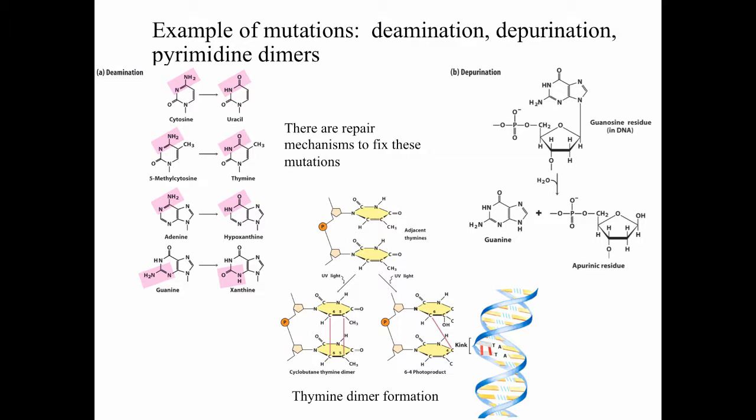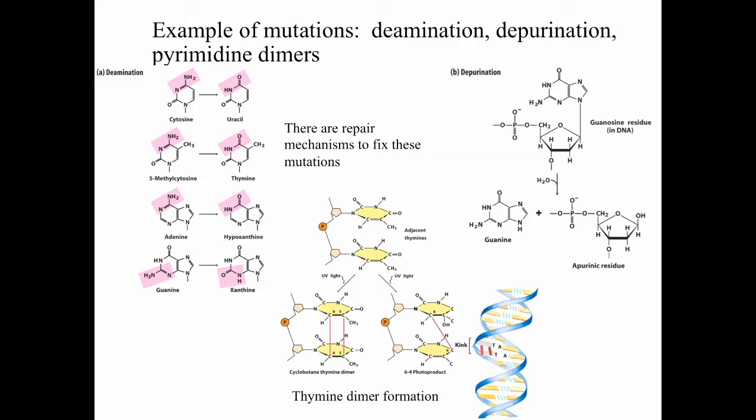That can happen with 5-methylcytosine to make thymine, as well as adenine and guanine being deaminated to make intermediates called hypoxanthine and xanthine.